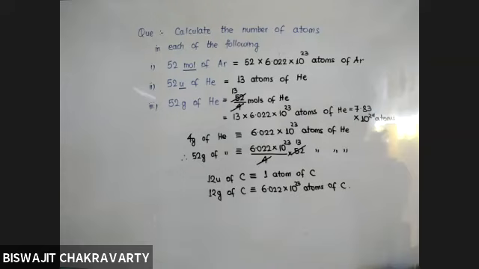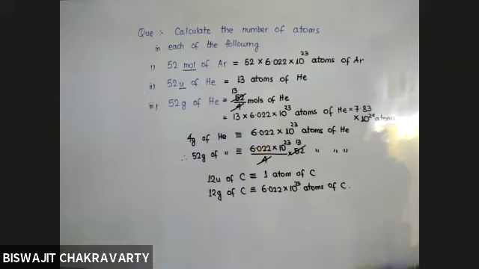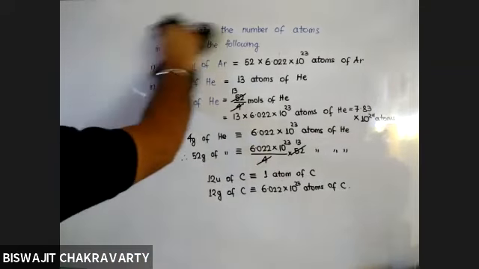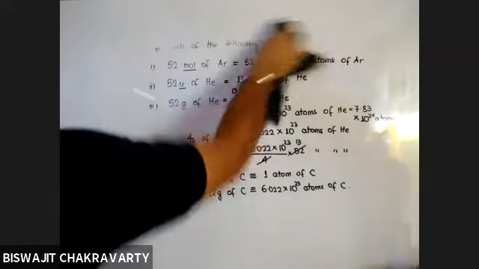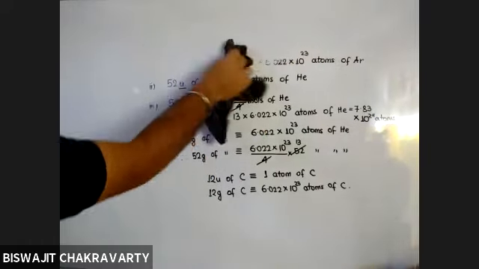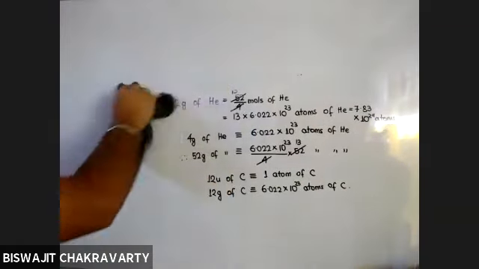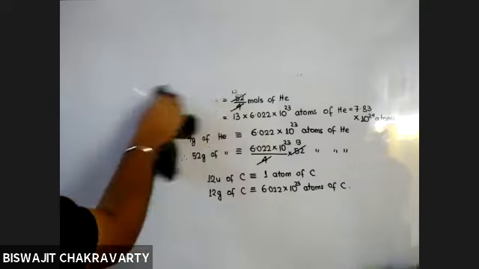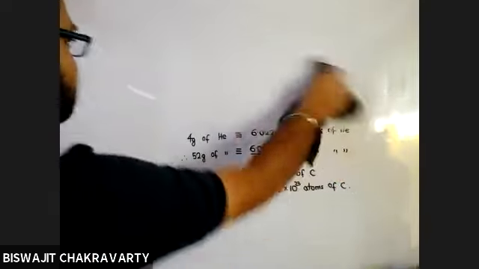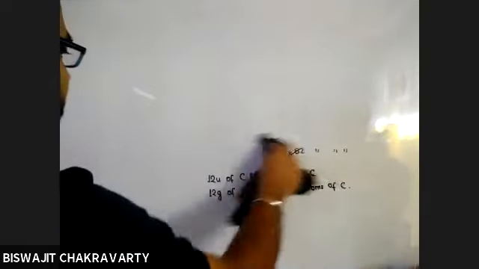The last one is 52 grams. So 4 grams of helium is Avogadro's number of atoms. So accordingly 52 grams of helium will be, whatever answer comes out, multiplied with Avogadro's number. So gram is a much larger unit with respect to U. These are very minute questions, but they test your knowledge regarding the mole concept.